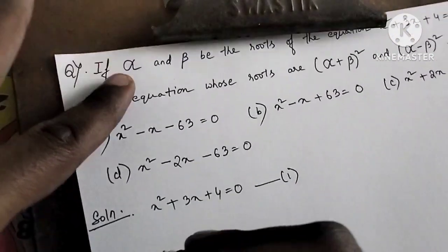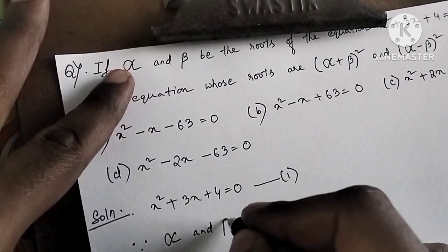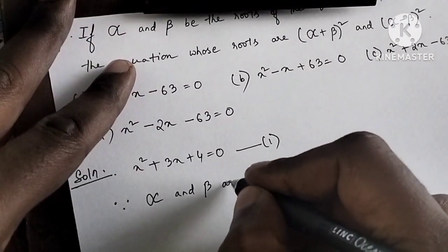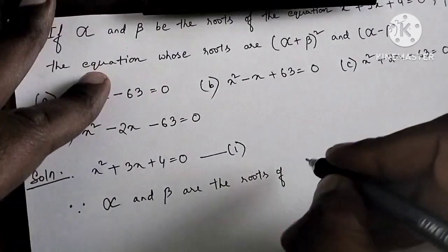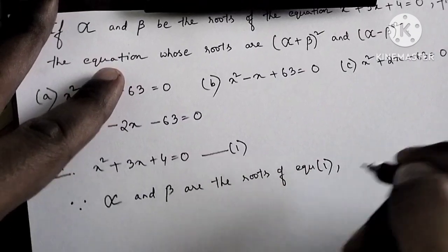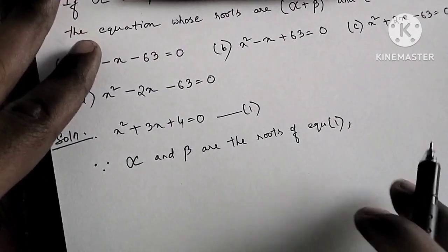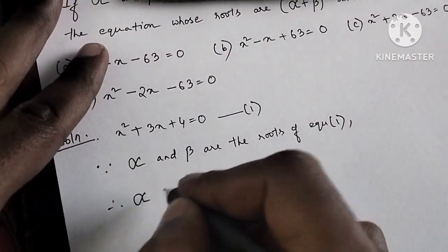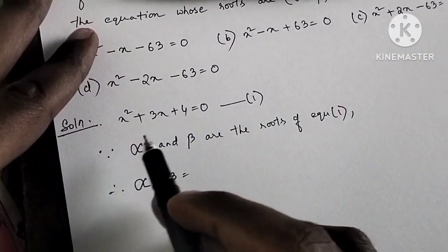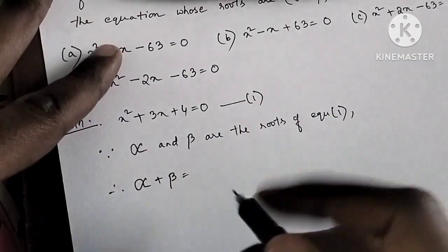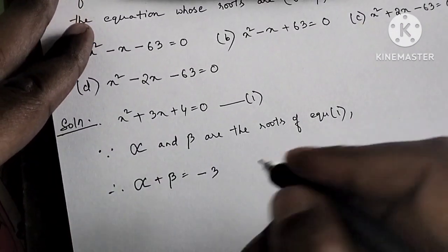Now as alpha and beta are the roots of equation 1, alpha plus beta will be minus b by a, that is minus 3 by 1, nothing but minus 3 only.